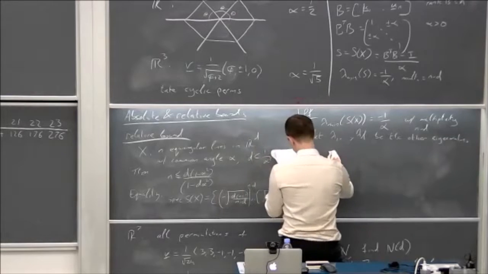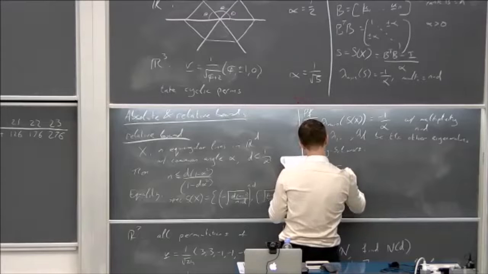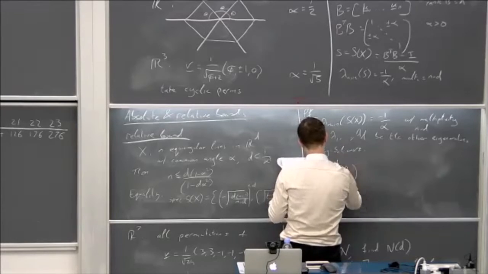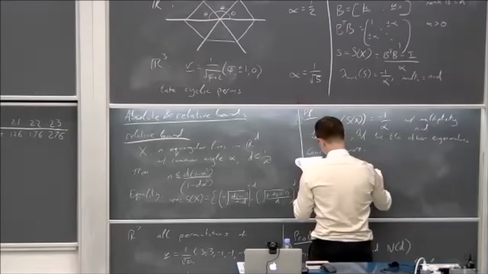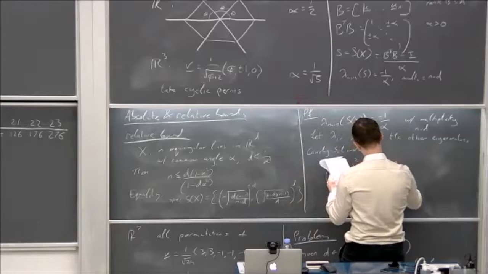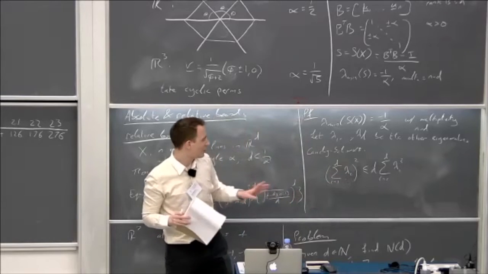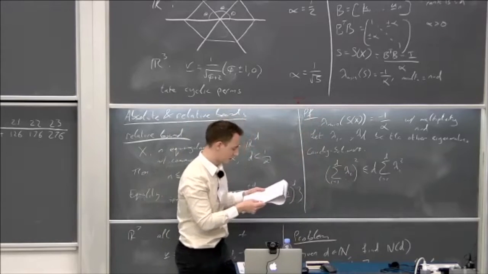What does Cauchy-Schwarz tell us? If we take the sum of lambda i, i from 1 to d, and square it, then that's at most d times the sum of the squares of these eigenvalues. Cauchy-Schwarz.